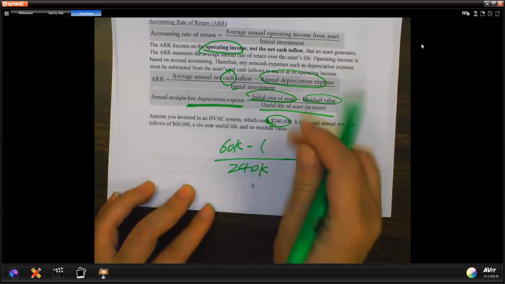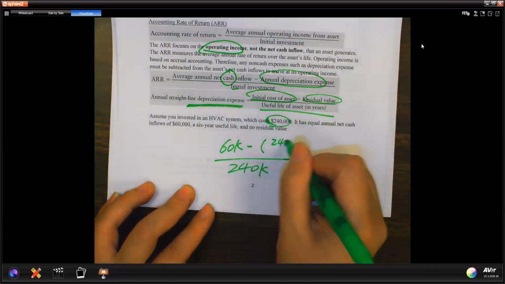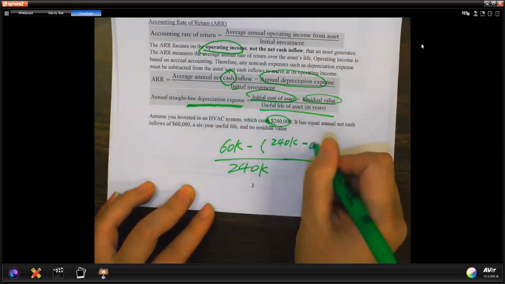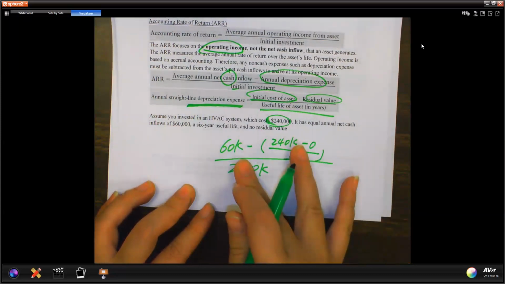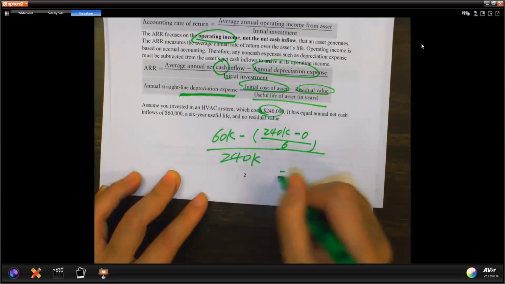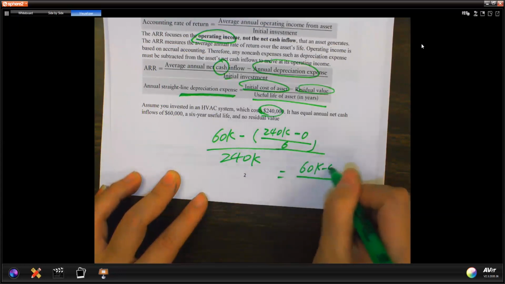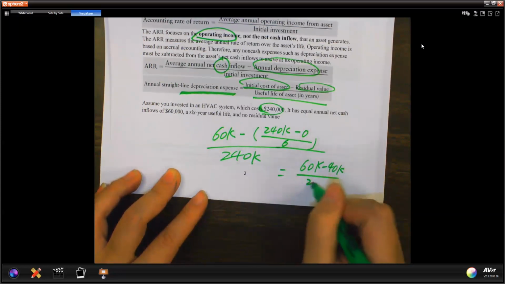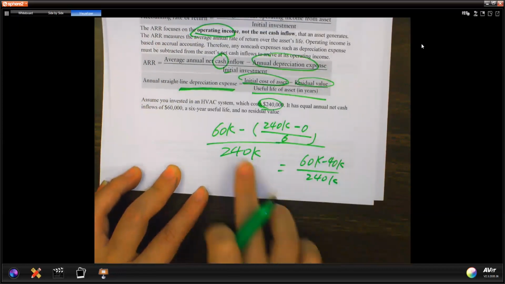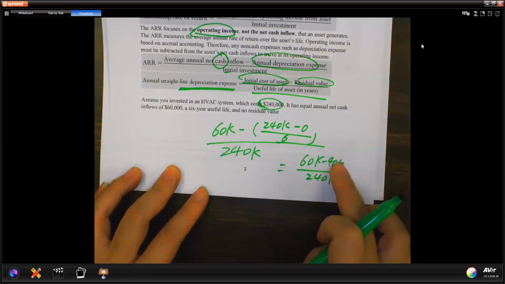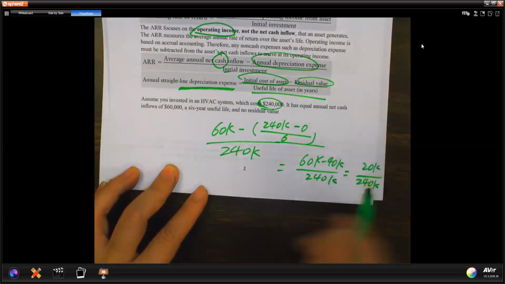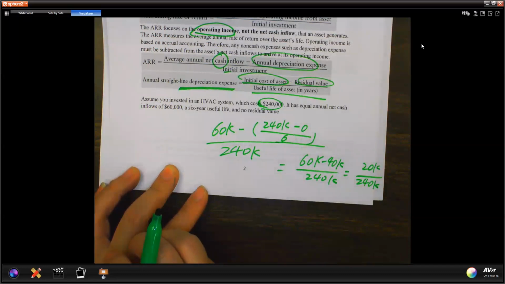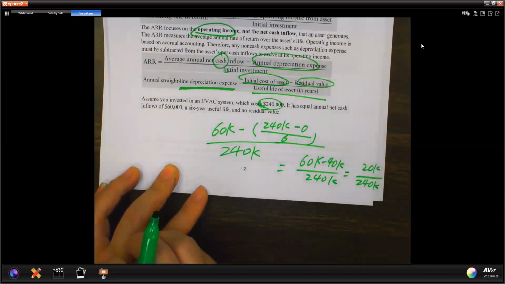Depreciation is your cost 240,000 minus the residual of 0, divided by 6 years, so your depreciation expense will be 40,000. So 60,000 is your cash, 40,000 is your depreciation expense, so your operating income is 20,000. Divided by your investment of 240,000, that gives you 8.33% as your ARR.